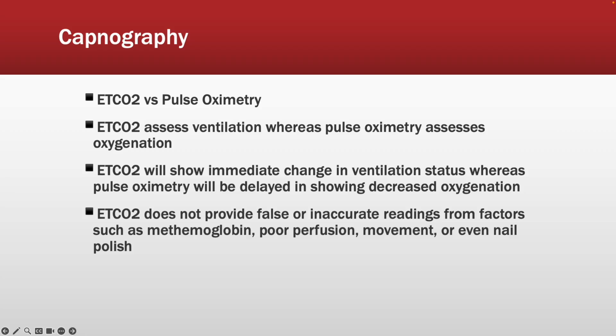EtCO2 assesses ventilation, whereas pulse oximetry assesses oxygenation. EtCO2 will show immediate change in ventilation status, whereas pulse oximetry will be delayed in showing decreased oxygen. It takes time for those changes to happen.